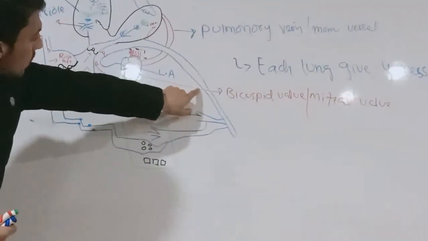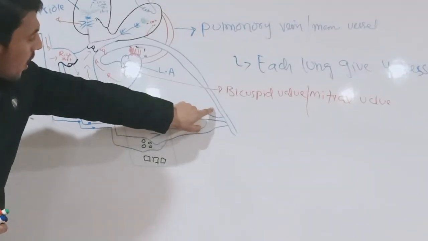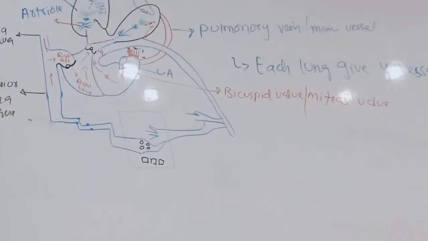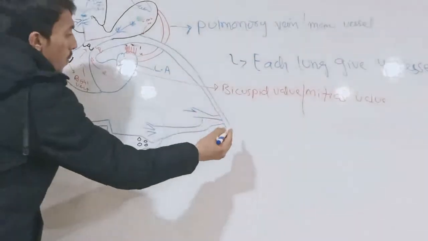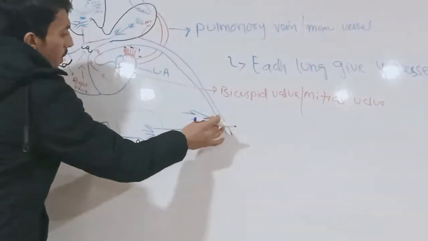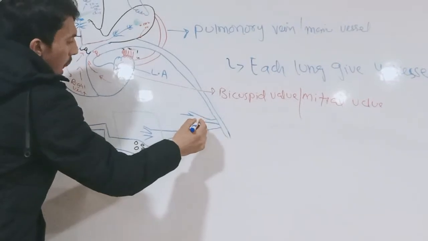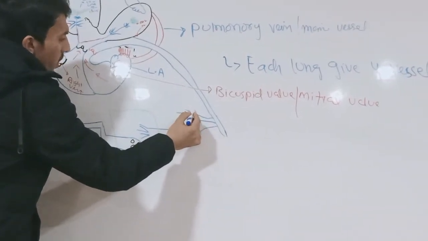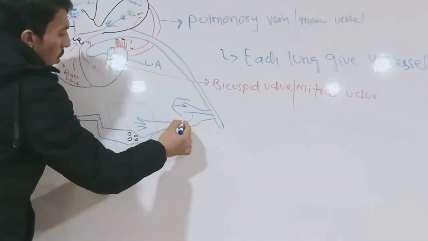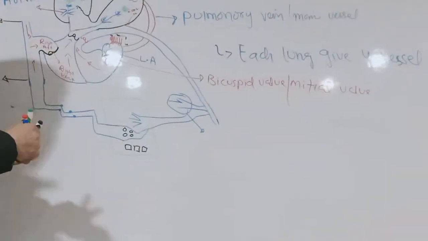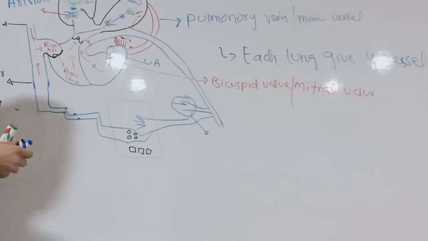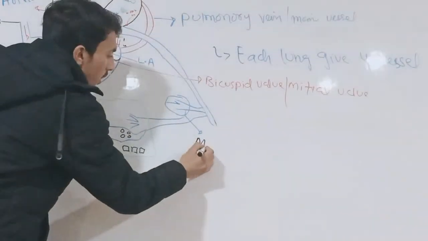The aorta is rising and narrowing. When the aorta narrows, it gives a medium size artery. This is called what? Medium size artery.